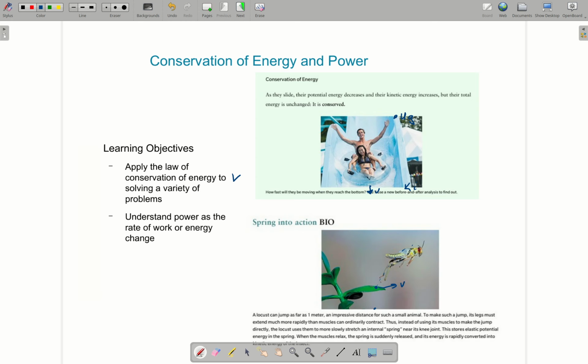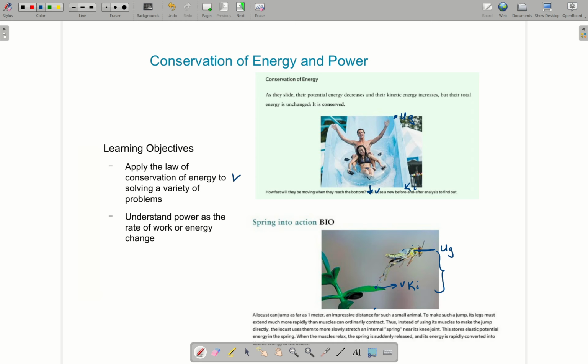So I'm going to start with kinetic here. He has a velocity, has an initial kinetic energy, and then jumps up, reaches a height. At that height, he has a potential energy, or gravitational potential energy. So he converts kinetic energy to gravitational potential energy.